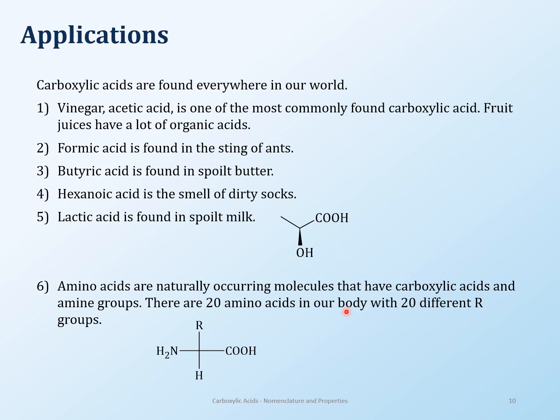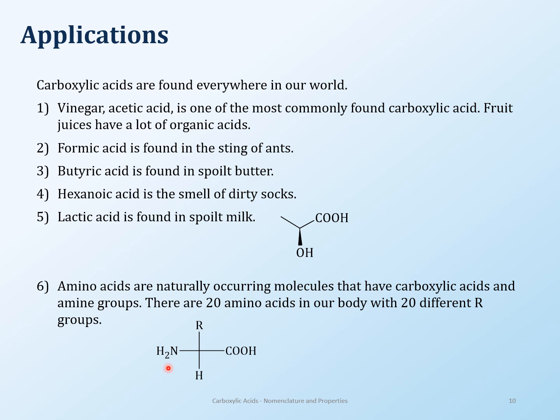Amino acids are molecules that are inside our body. We have 20 amino acids, which make up all the proteins in our body, which would be the enzymes and the hormones and whatnot. In the 20 amino acids that we have, the R group is different for all of them, and then you have the carboxylic acid and the amine group also.